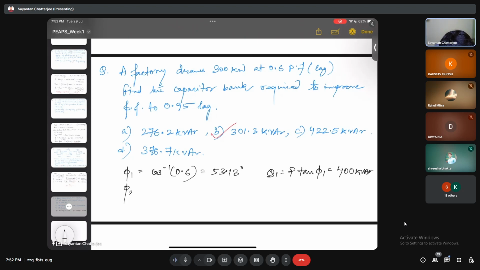And now phi 2, the required power factor, is 0.95.